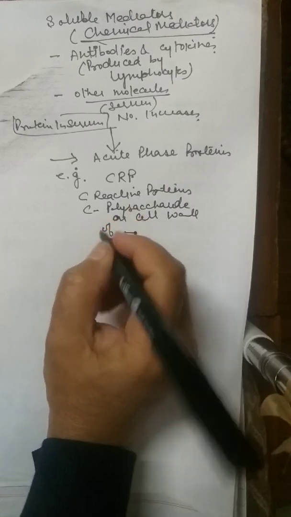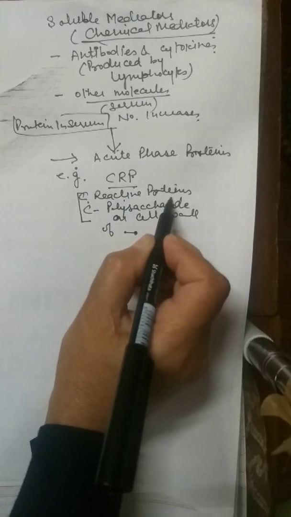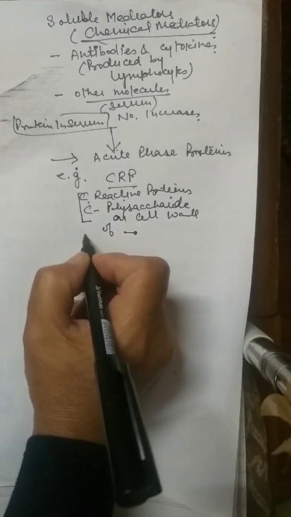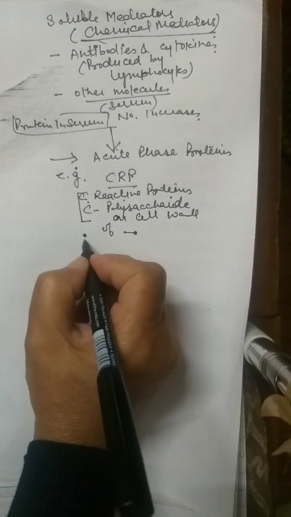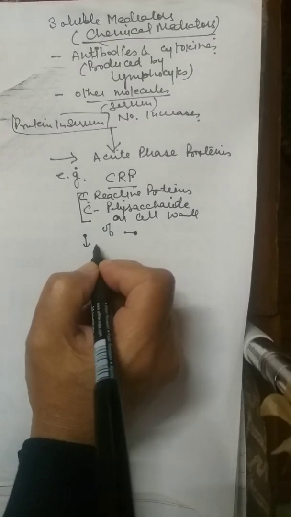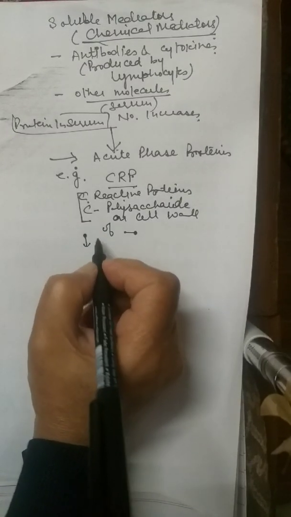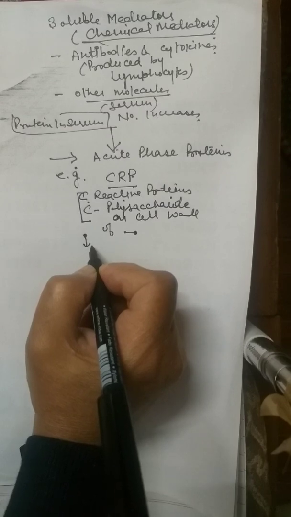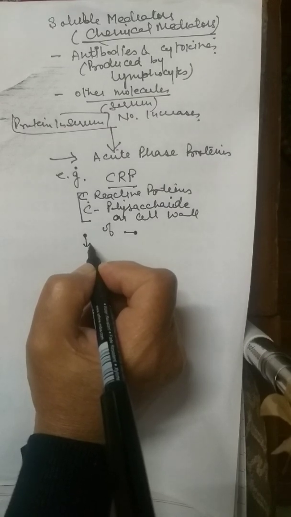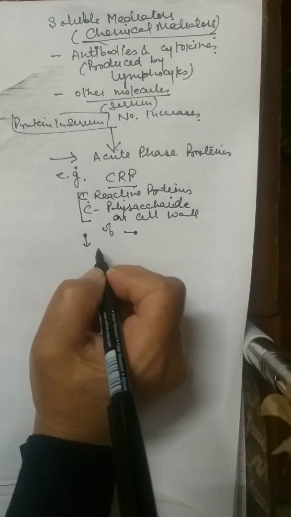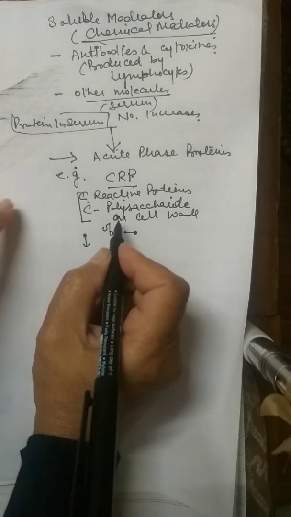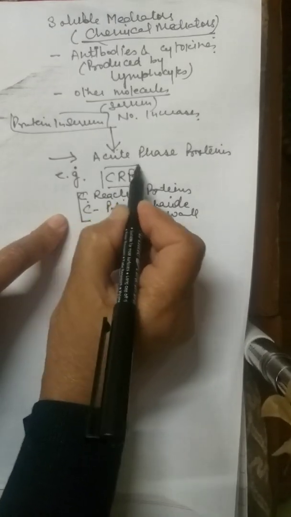So this protein, the CRP, helps in picking up the bacteria, or certain foreign particles, and then helps in phagocytizing them by activating the complement system, which we will be studying now. So that is the role of CRP.